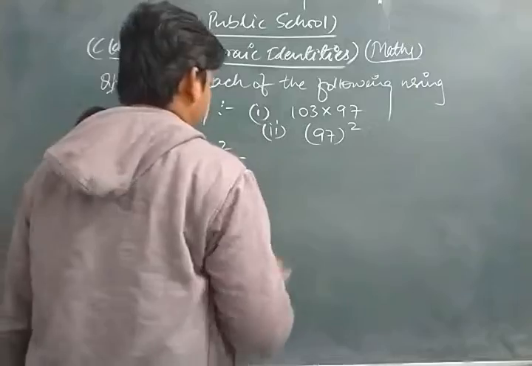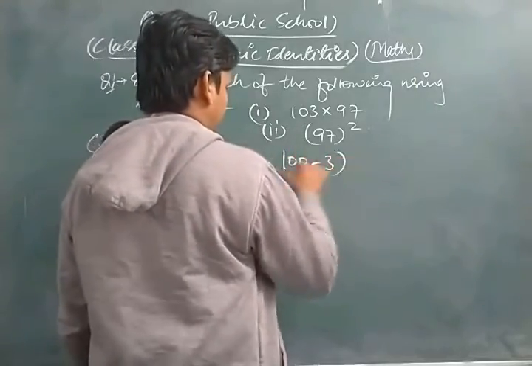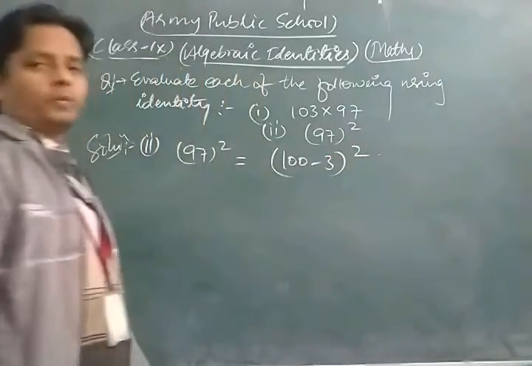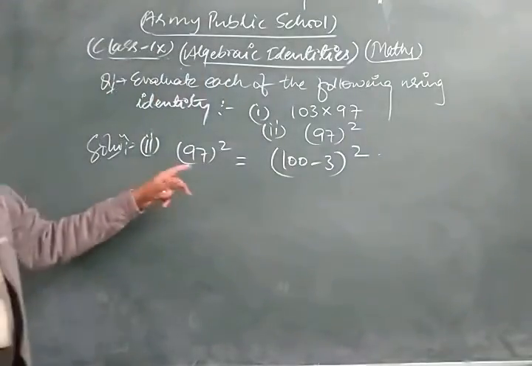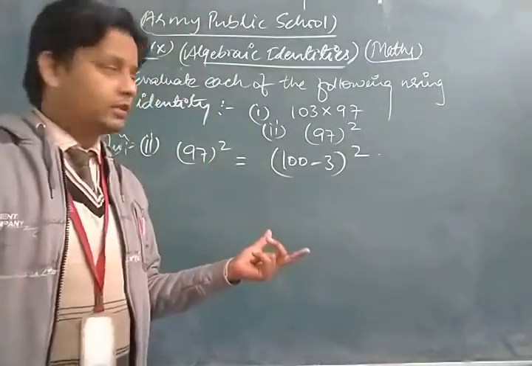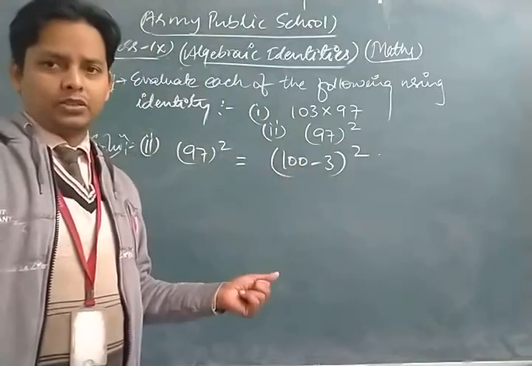We can write 97 as 100 minus 3, and so 97 square is 100 minus 3 whole square.